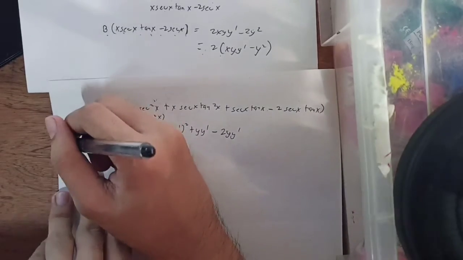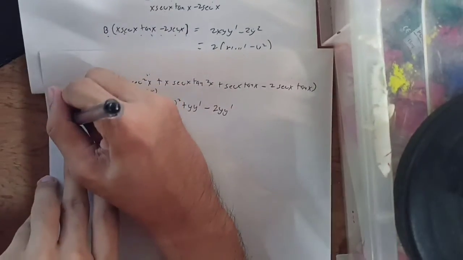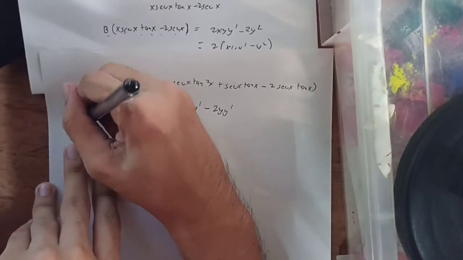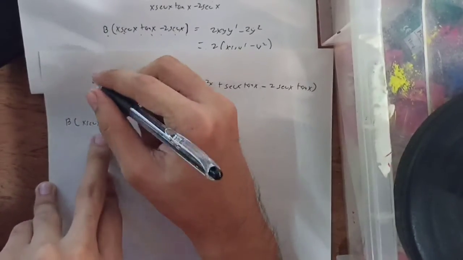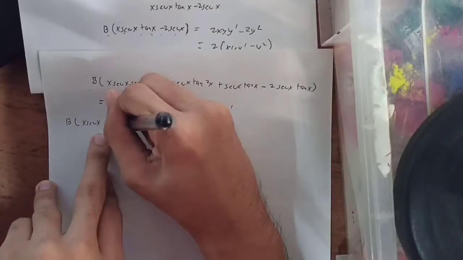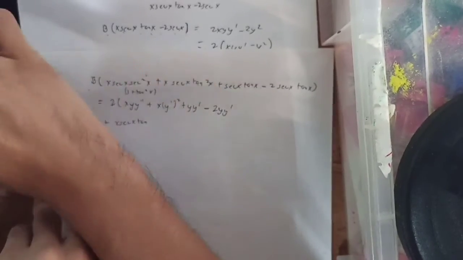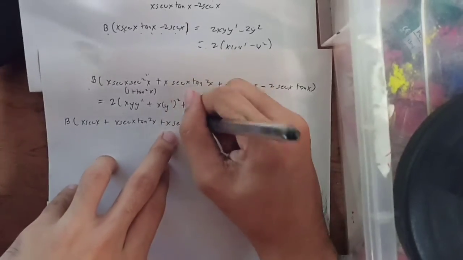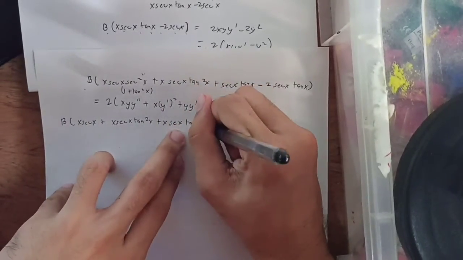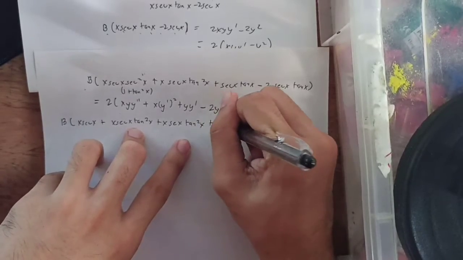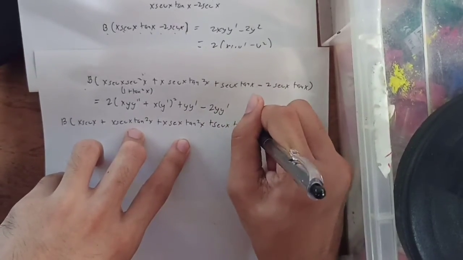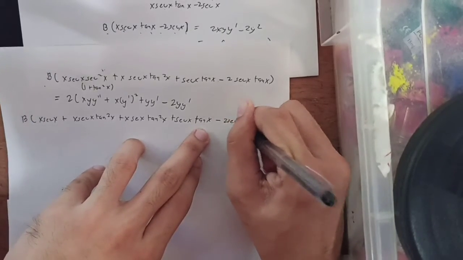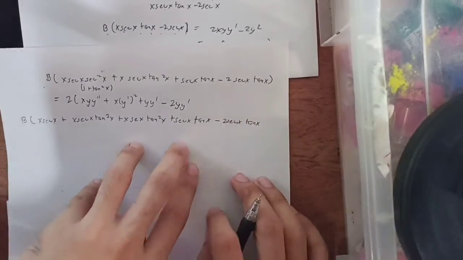So we can have b quantity x secant x plus x secant x tangent squared x plus x secant x tangent squared x plus secant x tangent x minus 2 secant x tangent x.